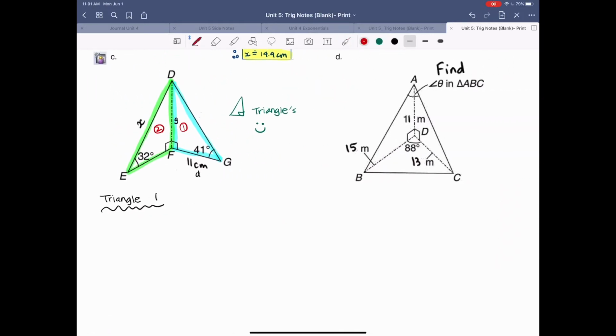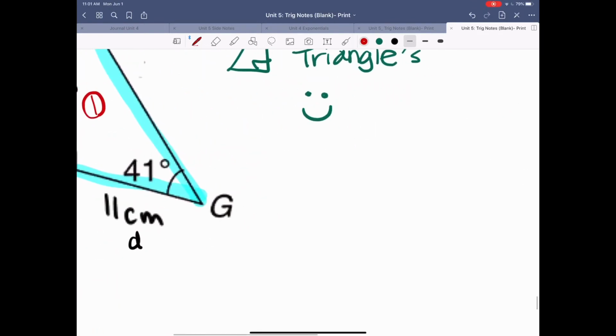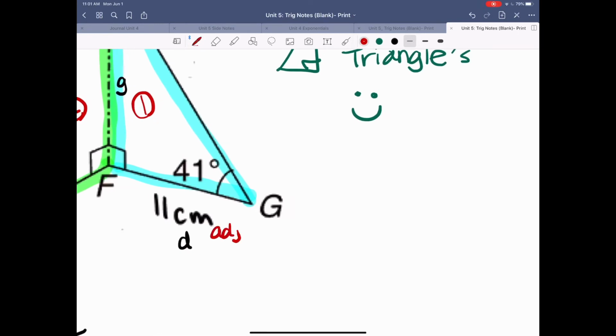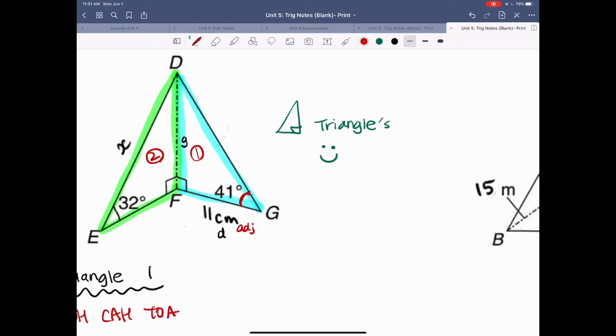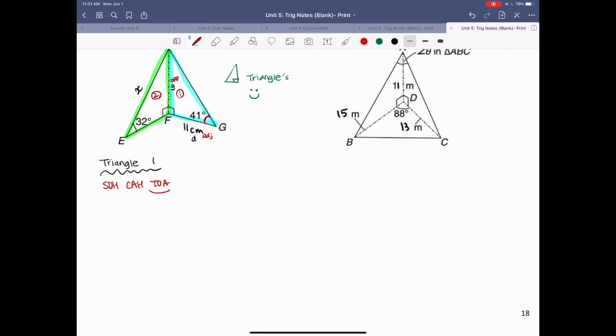Because it's a right angle triangle, I'm going to use the easiest option, which is SOHCAHTOA. I have the adjacent to my 41 degrees, my reference angle, and G is my opposite. If I am using opposite and adjacent, that means I need to use TOA. So tan theta is equal to opposite over adjacent, right?